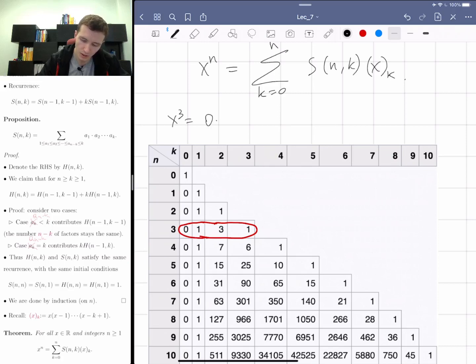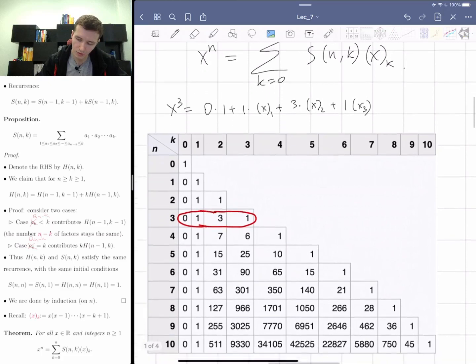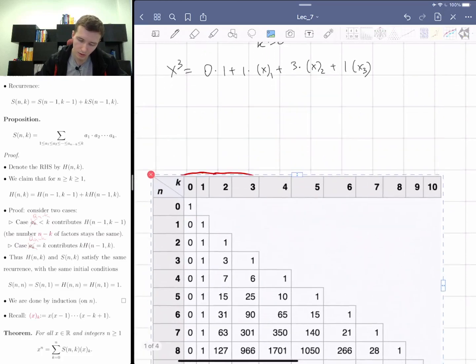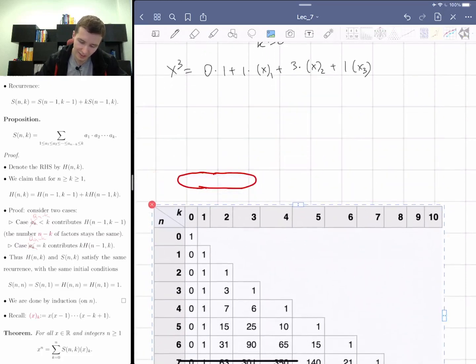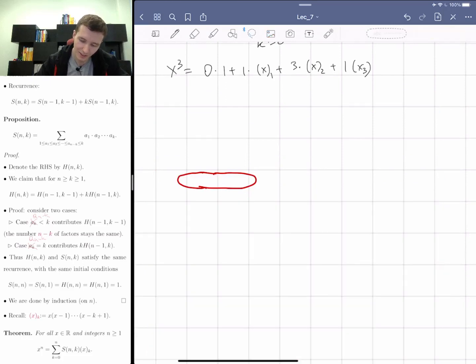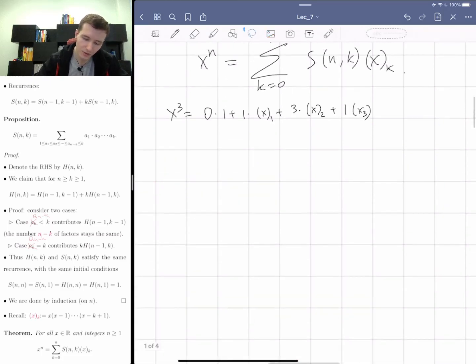0 times 1 plus 1 times x_1 plus 3 times x_2 plus 1 times x_3. Which is, okay, this is interesting. All right, so let's see if I can compute.